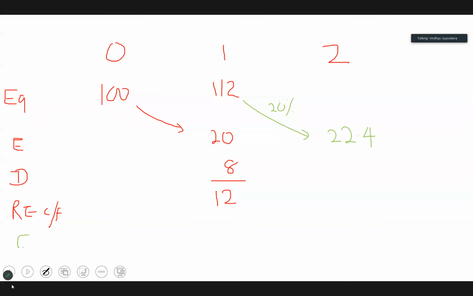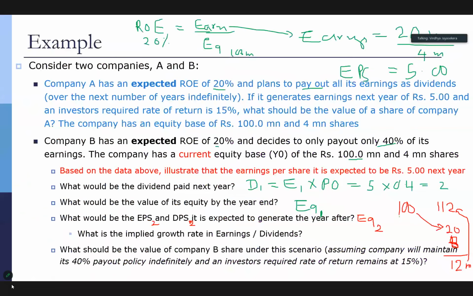If I look at earnings per share, it was 5 rupees last year.